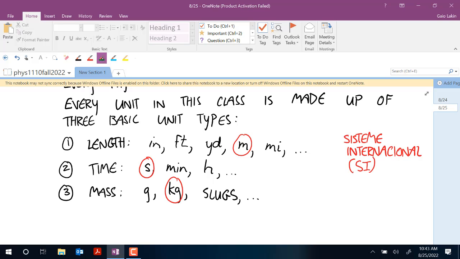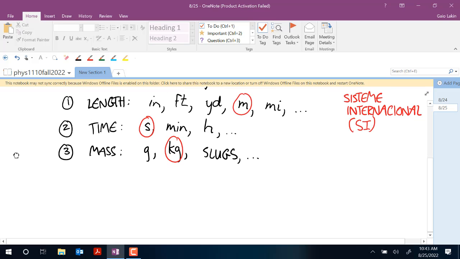One thing that we're going to want to do pretty often is convert from one unit to a unit of the same type. There's no way to convert from one unit to a different type of units. You can't convert from meters to miles per hour. But you can convert from meters to miles.